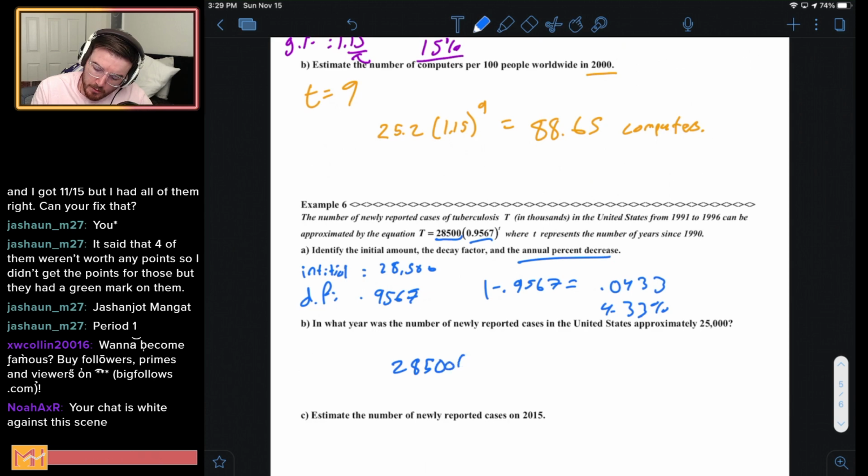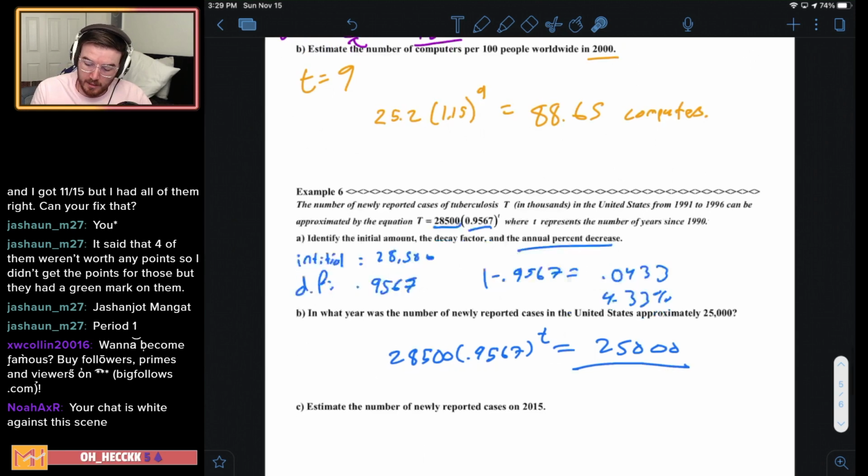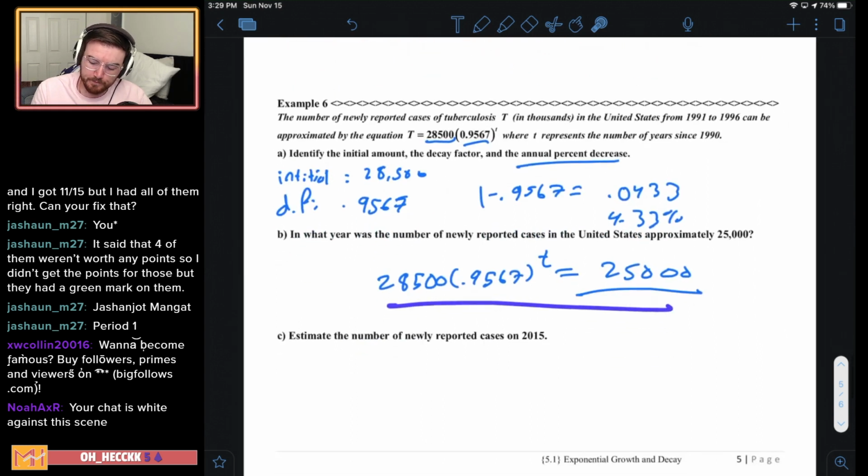We don't know the year. That's actually what we're solving for. But what we do know is that the number of cases is 25,000. So in what year will this occur? We're going to solve this equation.